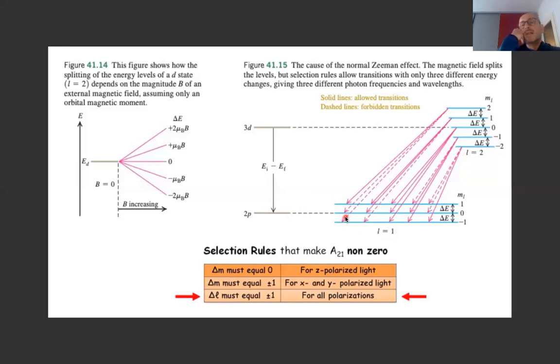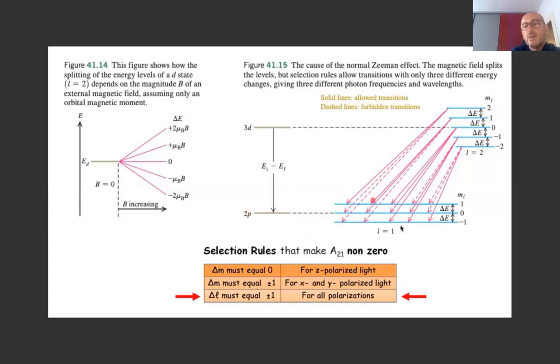Okay, so it means that the only possible transition for a system in a D state in the highest angular momentum will be to the M equal 1 state in the 2p. Okay, these two things will be forbidden.